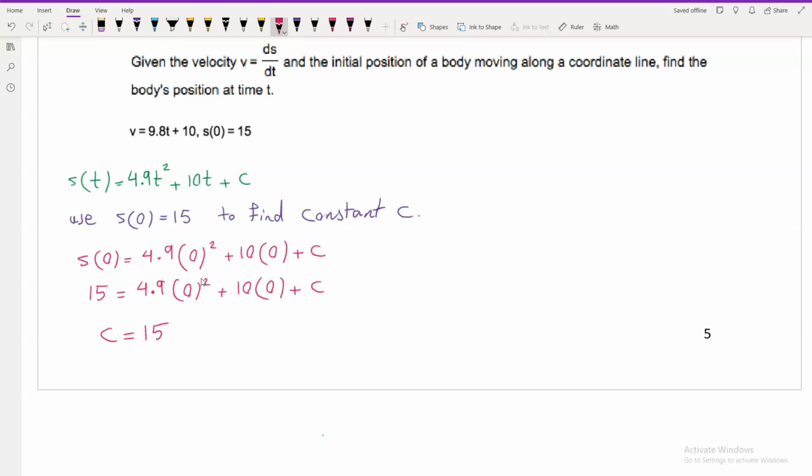Solving for c, c is equal to 15. Now use 15 here to find s of t, that is equal to 4.9 t squared plus 10t plus 15. So this function is our final answer, and that is the body's position at time t.